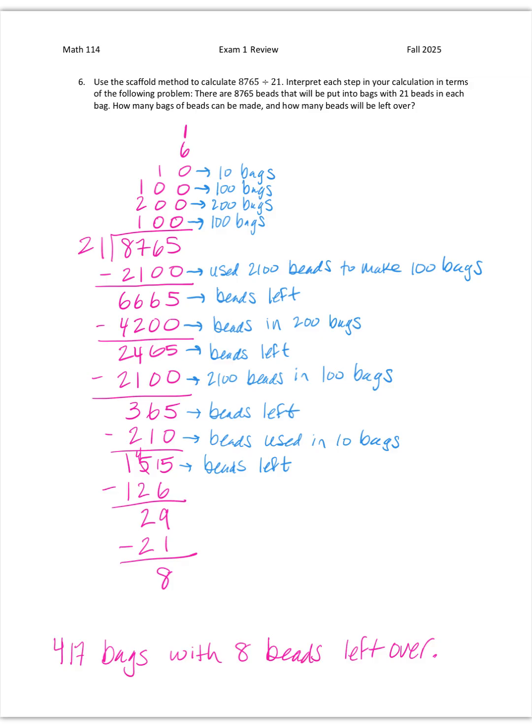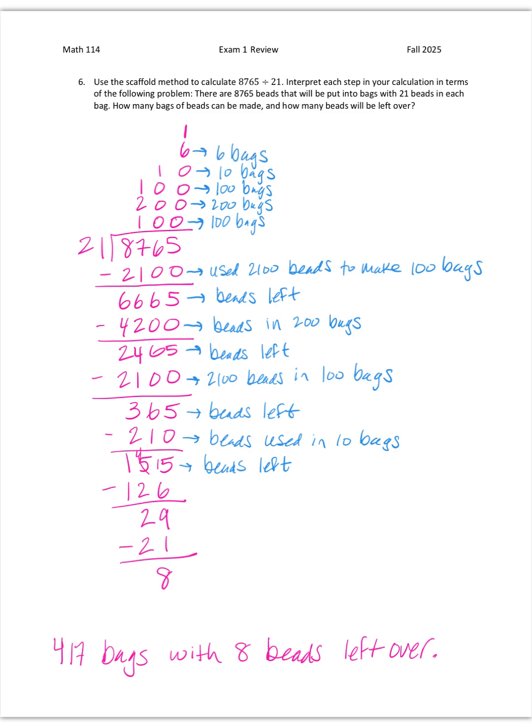And then I thought to myself, okay, how many bags of 21 beads can I make? It's less than 10 because 10 would give me 210. 5 times 21 is 105. I think maybe I can get 6. So that 6 represents 6 more bags.